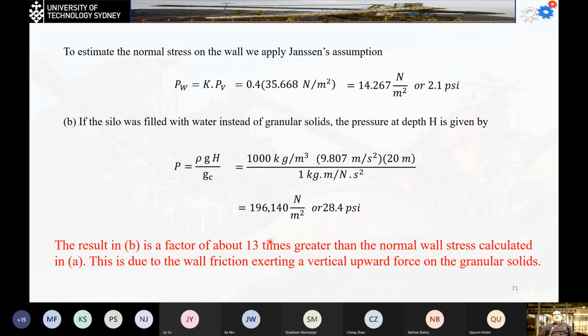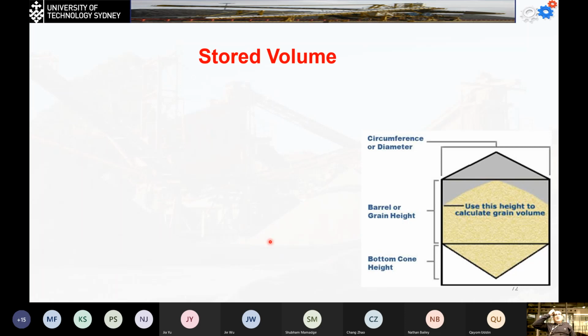Now, I think you had something similar to this example on calculating the volume stored in the silos or the bins and the coolers. You can see that we have multiple stages. And to find out what will be the volume of the material stored, we need to calculate multiple volumes and add them up together.